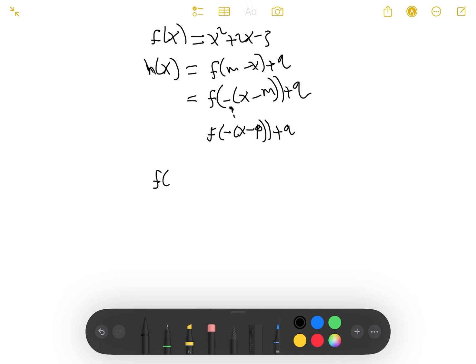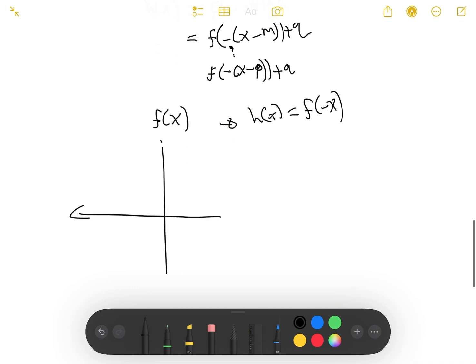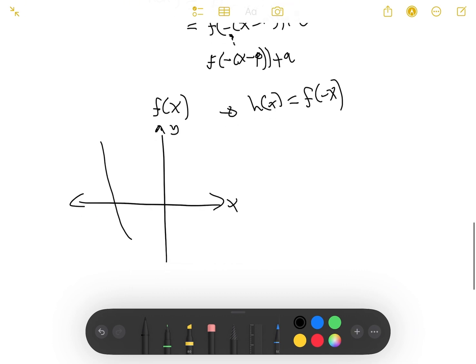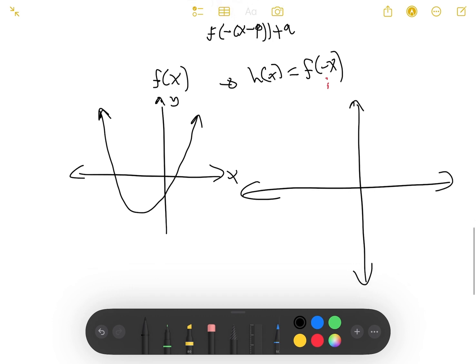When you have f of x, and you are told that h of x equals f of minus x, and you started with a graph like this, which is the one we are given, then f of minus x basically means that every x value you have to negate, making it the opposite of what it was before.